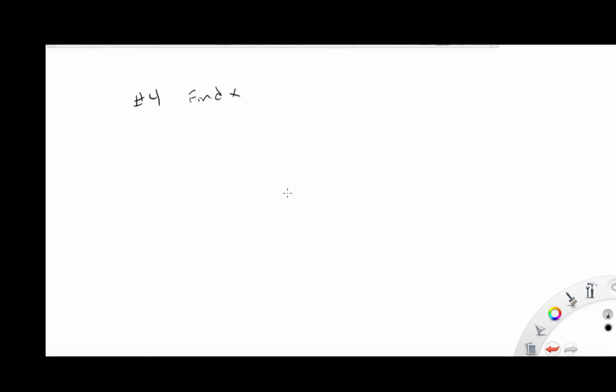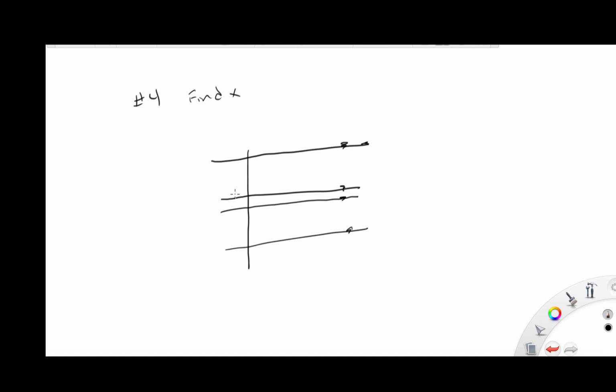All right, here it is. We've got 4 transversals here, and don't let these lines trick you. It's just to show that they're parallel. All of them have arrows in here, telling you that they are parallel. Here's one, and here's one.